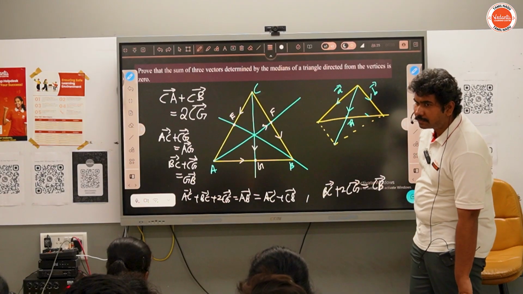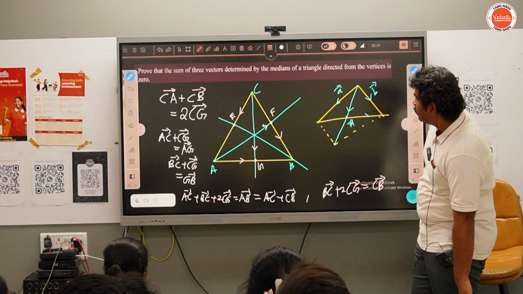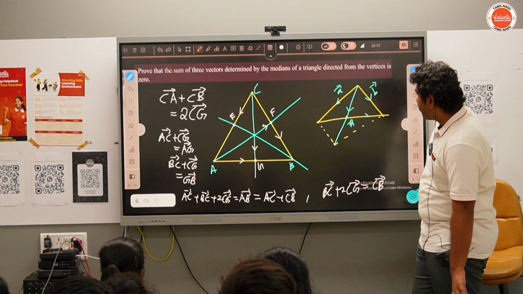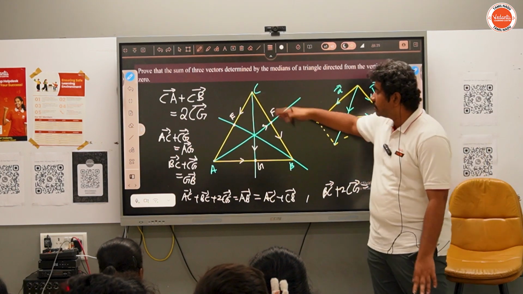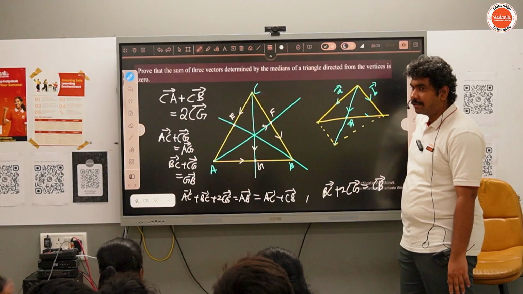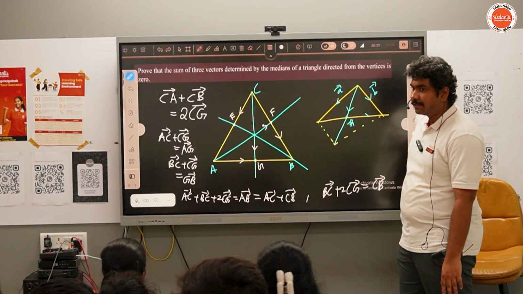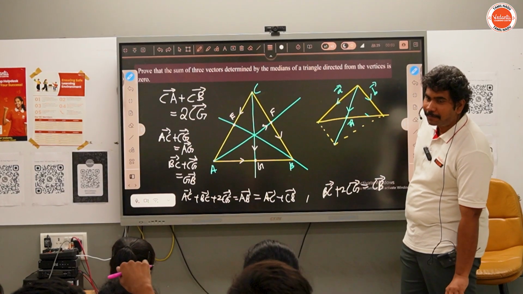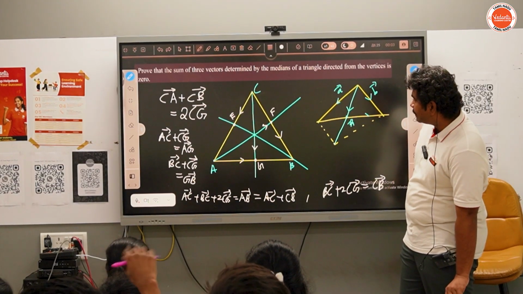Those three vectors, which vectors? Those three median vectors. We extend those three median vectors like this and this. If there are any two medians, then it will be opposite of the third median.